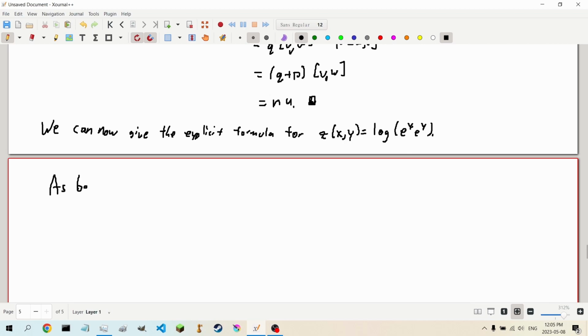As before, z is the sum from n equals 1 to infinity of zn, with each zn being the component of degree n. Now, there's a lot of equations we gotta write out here, and then we'll be done.